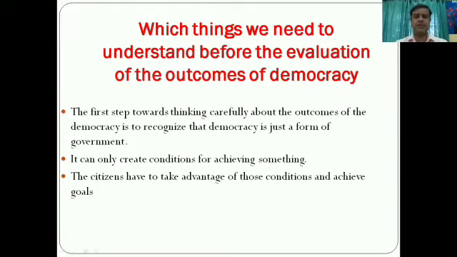The first step towards thinking carefully about the outcome of democracy is to recognize that democracy is just a form of government. It can only create conditions for achieving something. The citizens have to take advantage of those conditions and achieve goals.